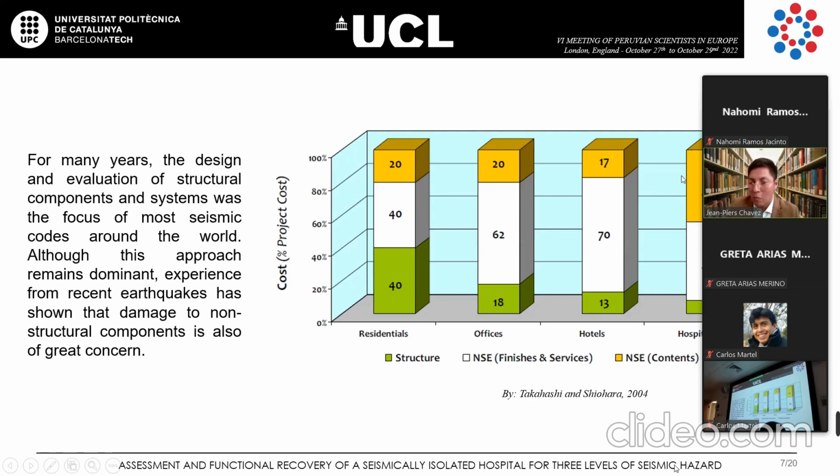So if you want to build the hospital, you need to improve the behavior first in the structural elements, beams, columns and so on. And then the most important is to keep good behavior in the non-structural elements and components. Components like, for example, the special machines in the operating room, such as the scanner or the magnetic resonance, which is so expensive. For that reason, the price of the non-structural elements and components is more important than the structural elements.